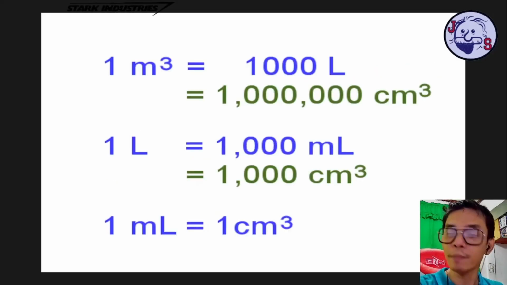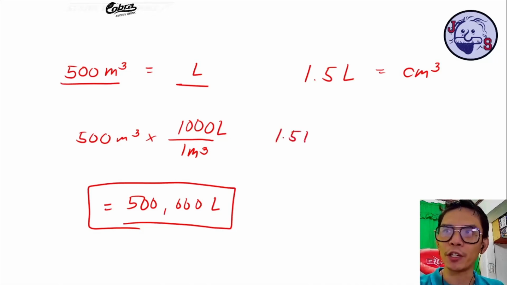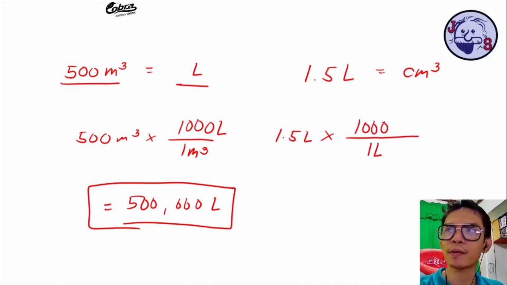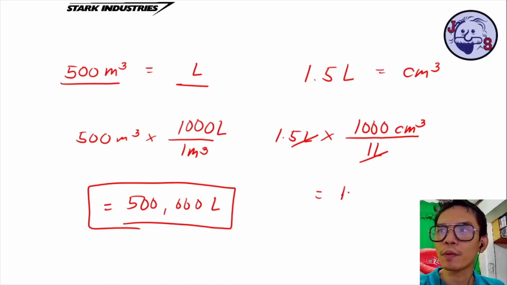In 1 liter, there is 1,000 cubic centimeters. So let's punch this value here. We have 1.5 liters times 1,000 cubic centimeters per 1 liter. Again, we can cancel the similar units and we have 1.5 times 1,000, that is 1,500 cubic centimeters.